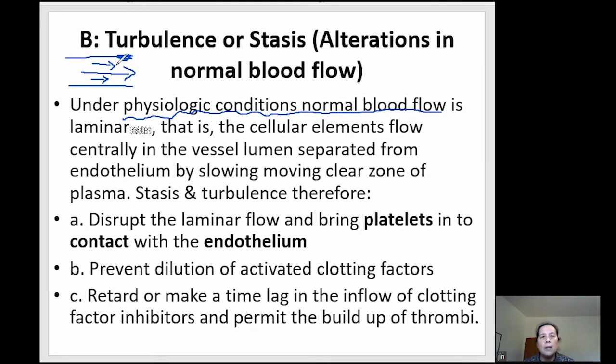And then that will cause platelets to attach to the local inside of the blood vessel there, and then they block the blood flow. So finally that will cause a clog.